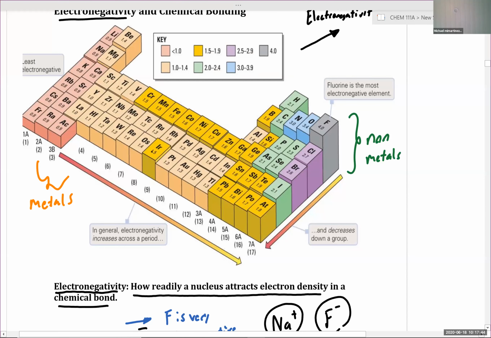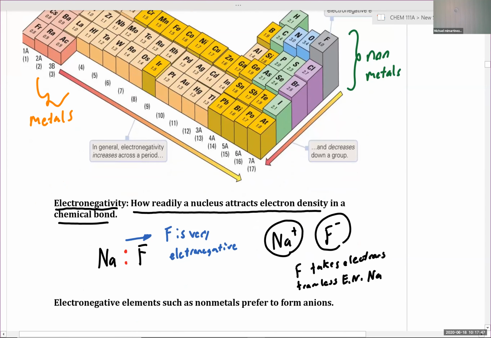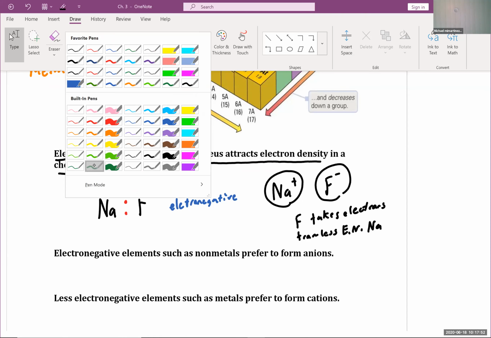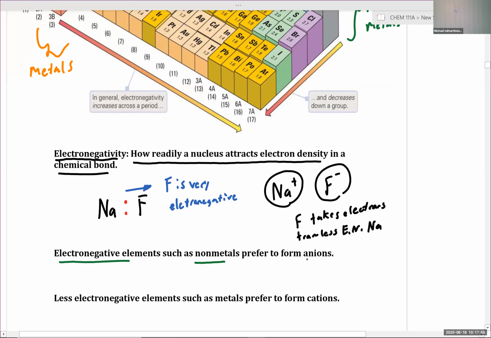So one thing that we can conclude from this, and one general trend that we observe, is that electronegative elements, such as our nonmetals, prefer to form anions. So that's why we get anions like chloride, fluoride, oxide, and phosphide. All of your nonmetals, which are very electronegative, prefer to draw electron density towards themselves in a chemical bond to such an extent that they actually end up taking the shared electrons in a chemical bond, and you end up with ions.